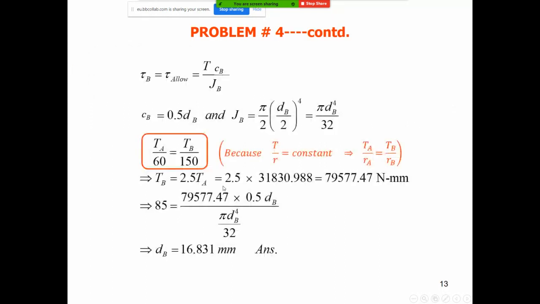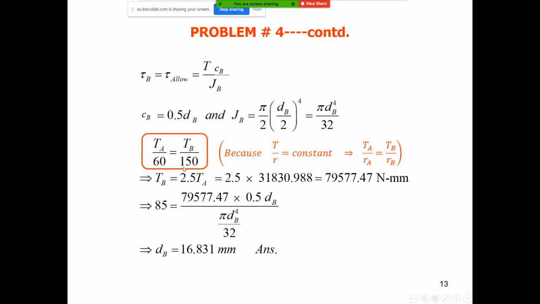As I told you, there is a relation between the torque at pulley A and the torque at pulley B. Torque at pulley A divided by the radius of pulley A equals the torque at pulley B divided by the radius of pulley B. The radius of the pulley at point A is 60.